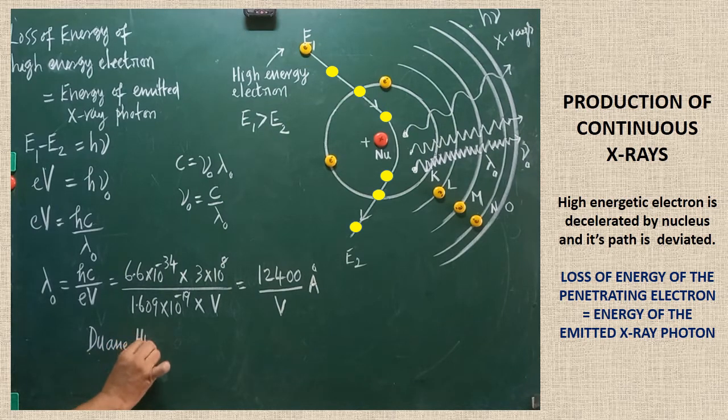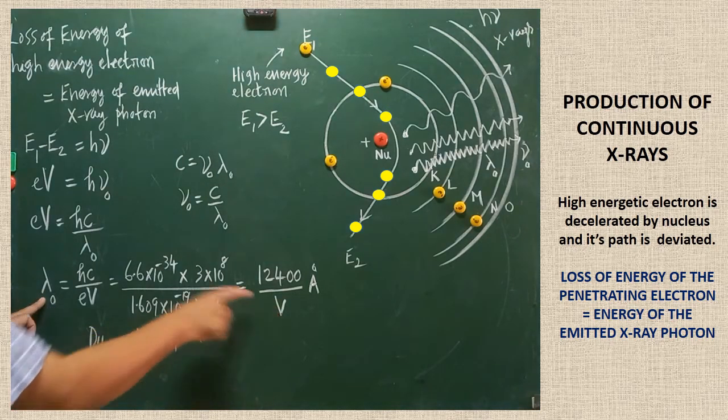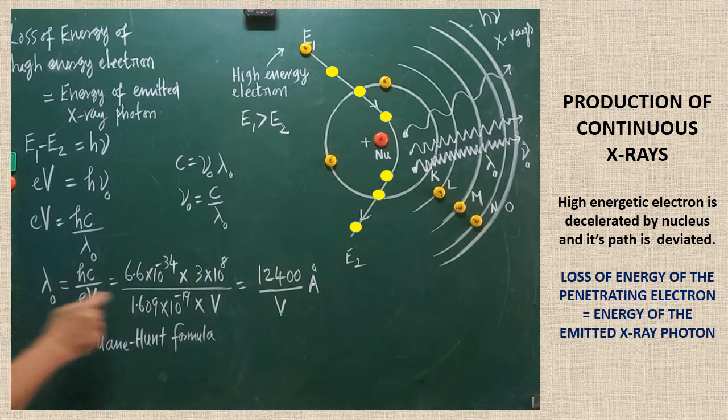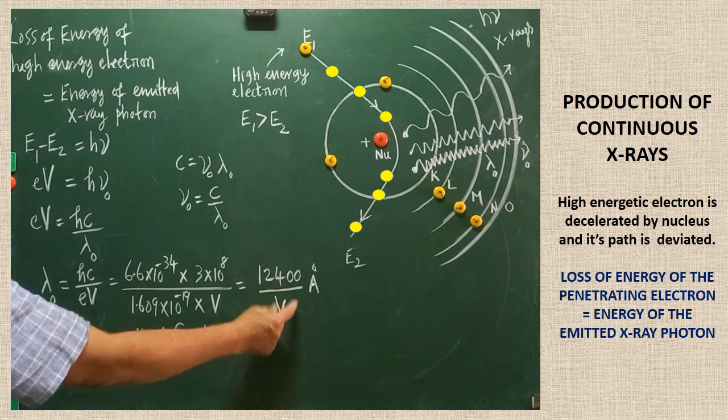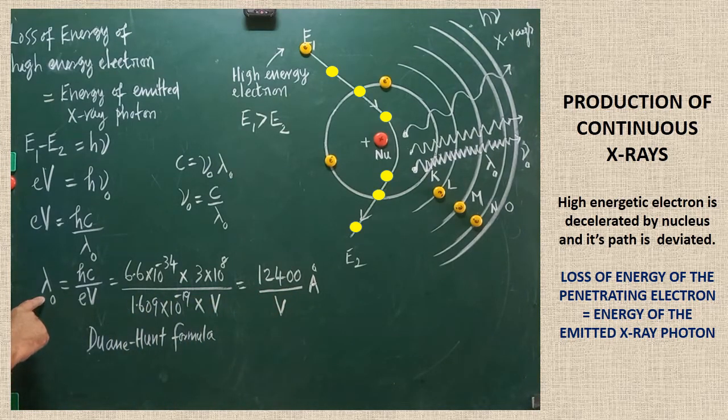Duane-Hunt formula. Are you clear? So by using this Duane-Hunt formula, which one can be calculated? The cutoff wavelength of the X-rays can be calculated. By knowing the V, lambda naught can be calculated. If the accelerating potential is too high, the cutoff wavelength will be very, very low.